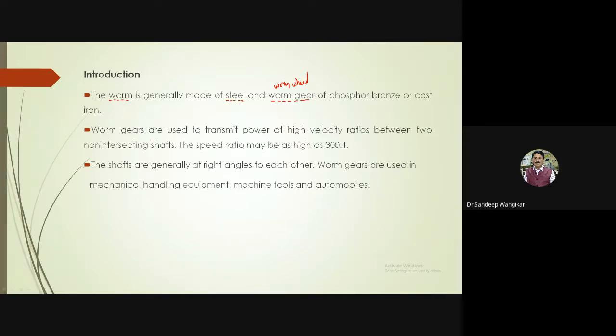If you compare, the worm gears are used to transmit power at high velocity ratios between two non-intersecting shafts. Very important, an objective type question can be asked based on this non-intersecting shaft. The speed ratio can be as high as 300, though generally it is 100. Very easily it can transfer 100 to 1 or 300 to 1.